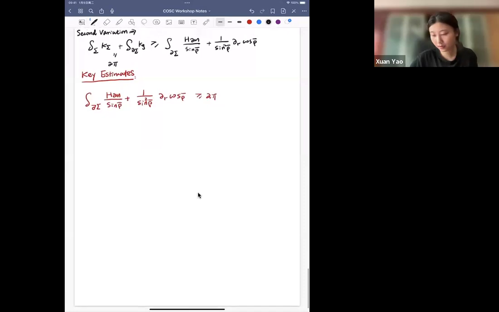Okay, so let me try to provide more details on how we can get our key estimate. Okay, so this 2 pi here is actually a winding number.